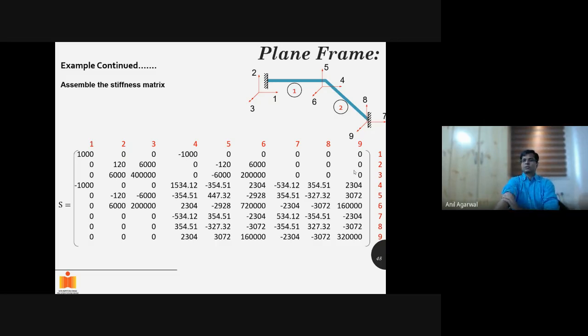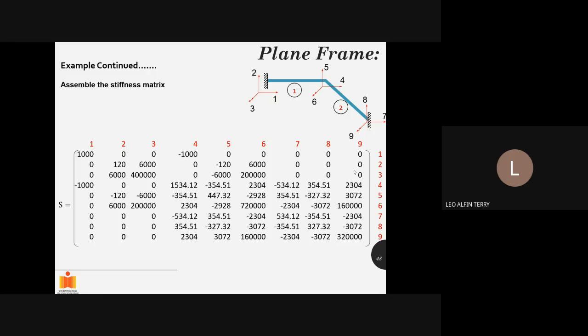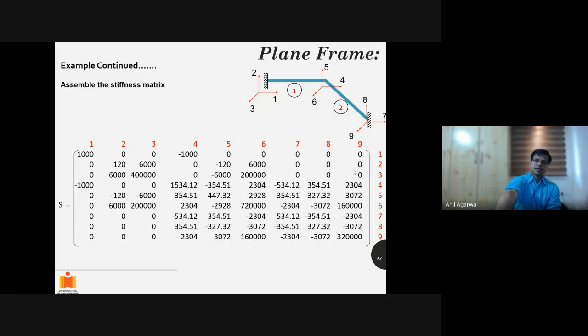Now, what are the subsequent steps? We got the stiffness matrix in the global coordinate system for the entire structure. What are the next steps? What is the next step? Separating the restrained and free. Very good. Yes. So basically, after calculating the stiffness matrix, we can write it in that form here.